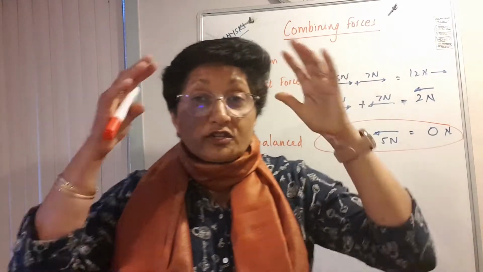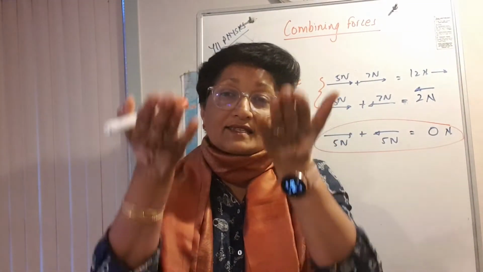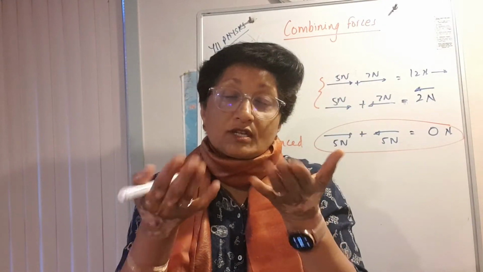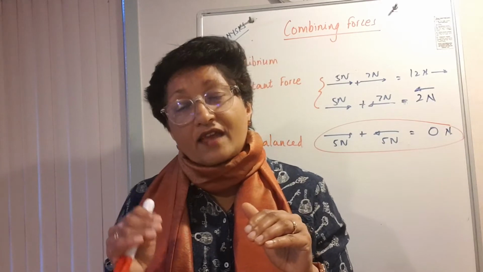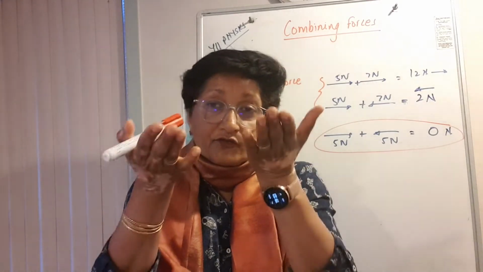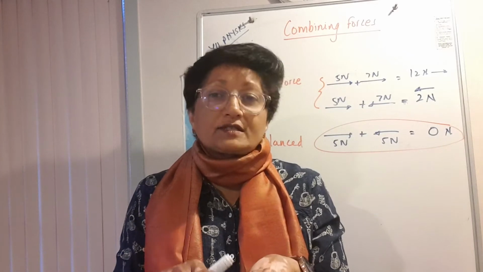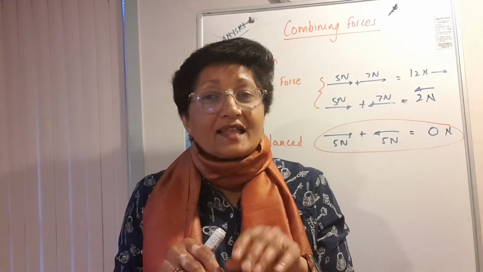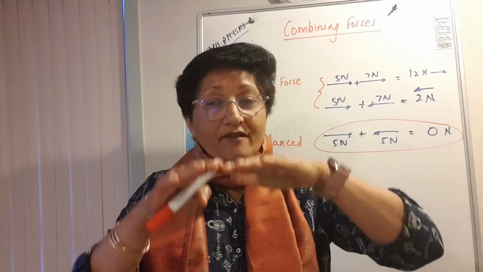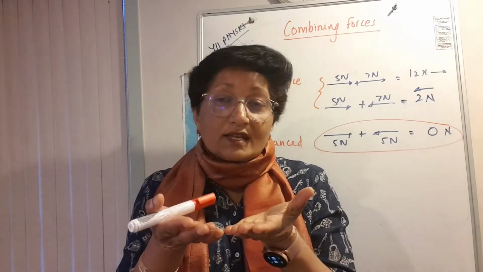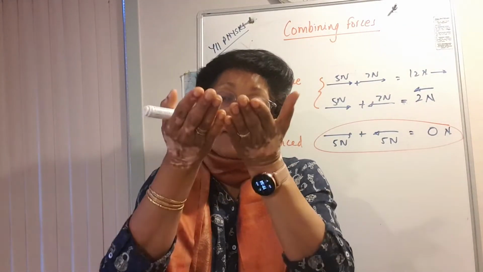Because they're falling through air, there is air resistance acting upwards against the motion, and the faster you go, the greater the air resistance. The upward force is air resistance, the downward force is the force of gravity, and there will come a speed when the gravity force downwards is equal and opposite to the air resistance, or the drag or lift force upwards.